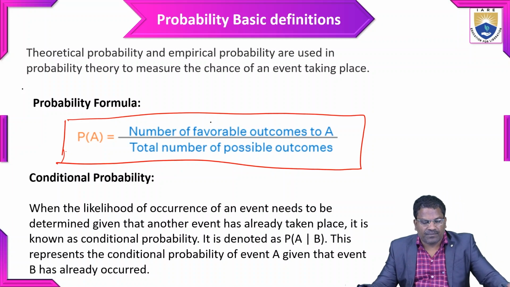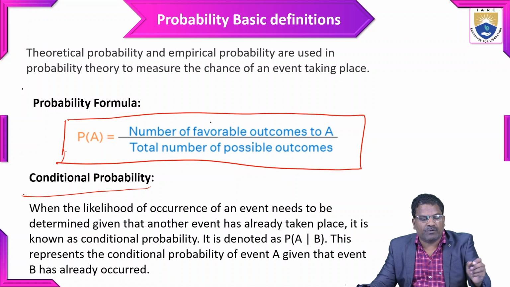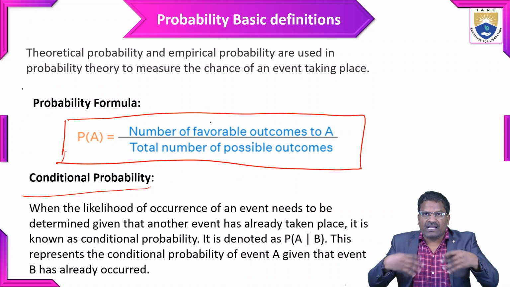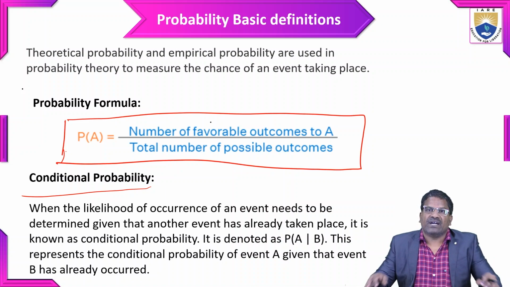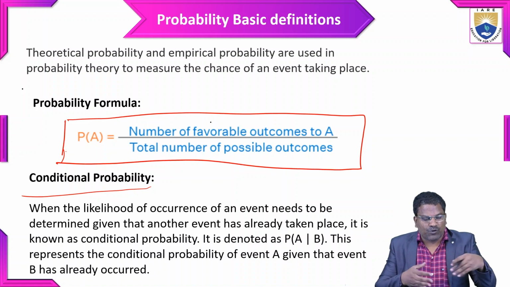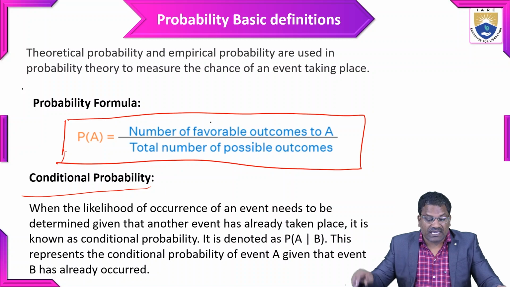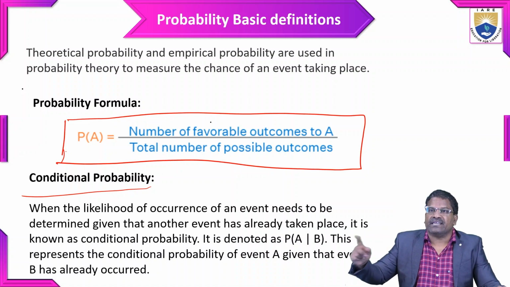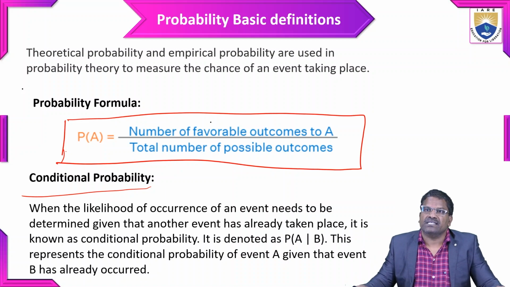Now let us see conditional probability. What is conditional probability? When the likelihood of occurrence of an event needs to be determined given that another event has already taken place, a condition is there.